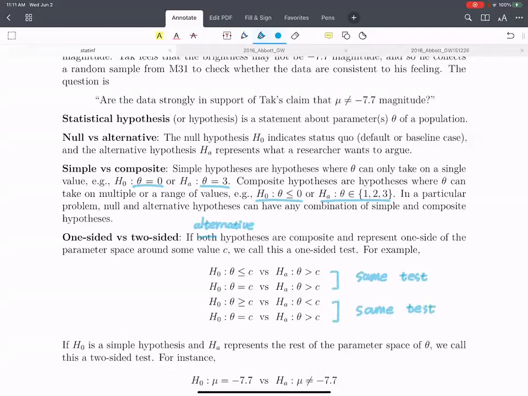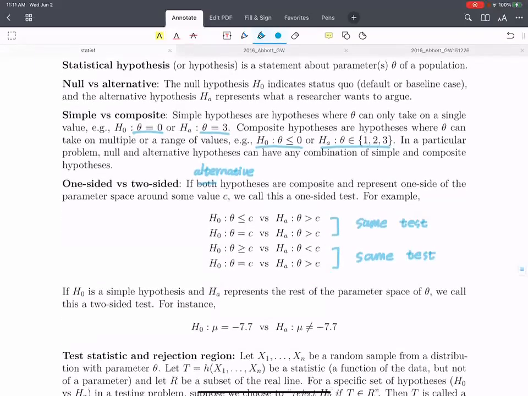Statistically the same conclusion, so they are essentially exchangeable. And if the null hypothesis specifies a simple value, and the alternative specifies all the other possibilities, for example, mu equal to negative 7.7 and the alternative says mu is not equal to negative 7.7, in that case we call this setting a two-sided hypothesis test.